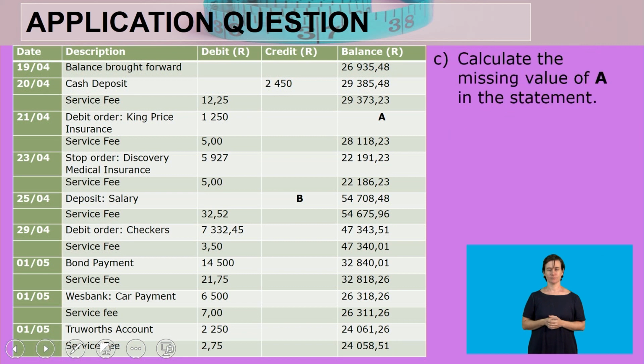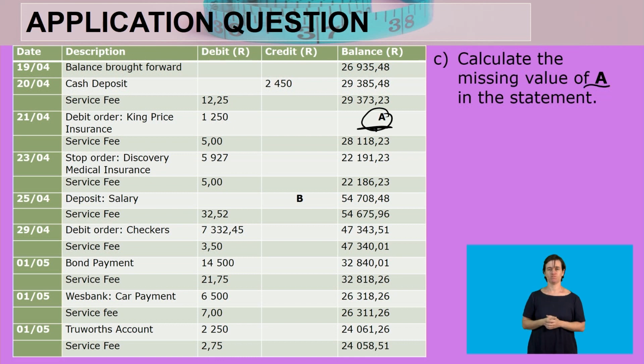Now, moving on to number C: calculate the missing value of A on the statement. When we look at the statement, the missing value appears in the balance. We need to find the balance on the 21st.